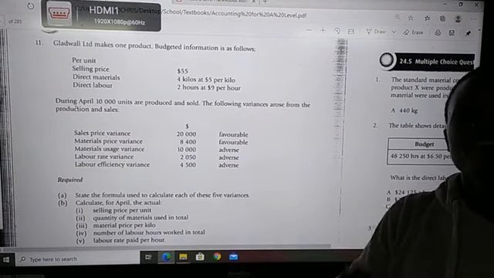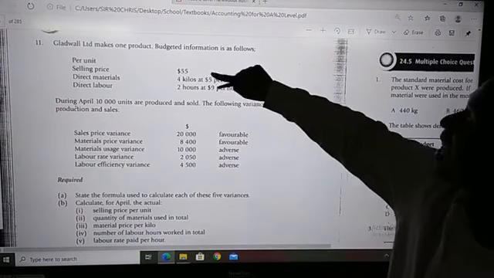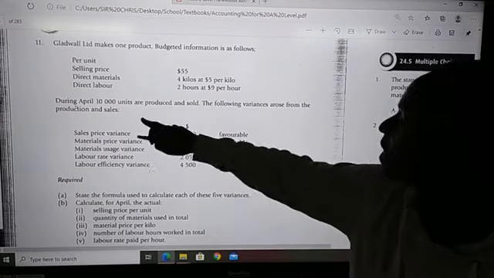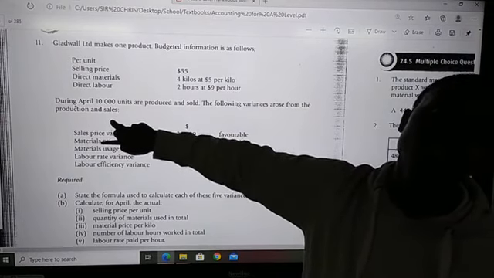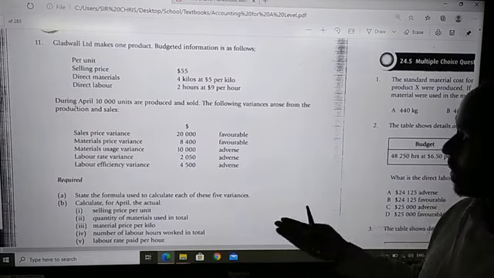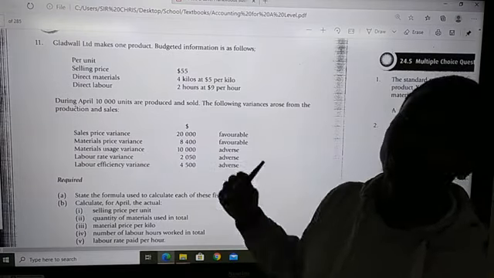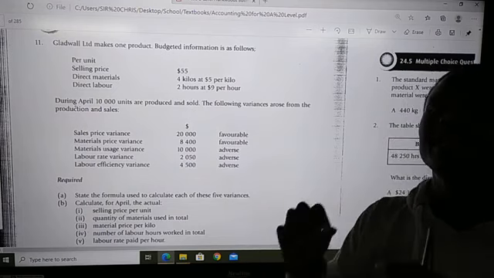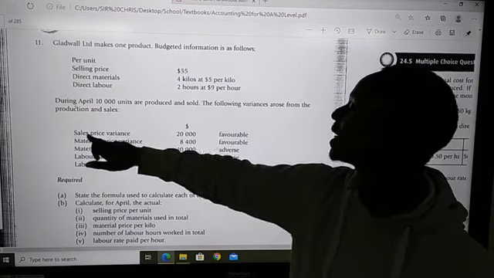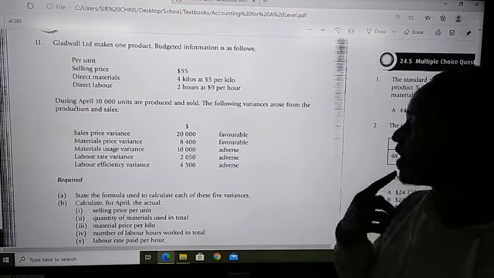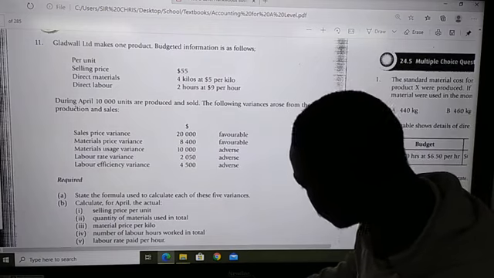And we said FBS is budgeted selling price per unit times actual units sold, and the actual units sold is 10,000. Then minus actual sales, but the actual sales are not given. But we have been given the answer. If you say FBS minus AS, the answer we get is your sales price variance. That's 20,000, which is favorable. So let's go to the board now.